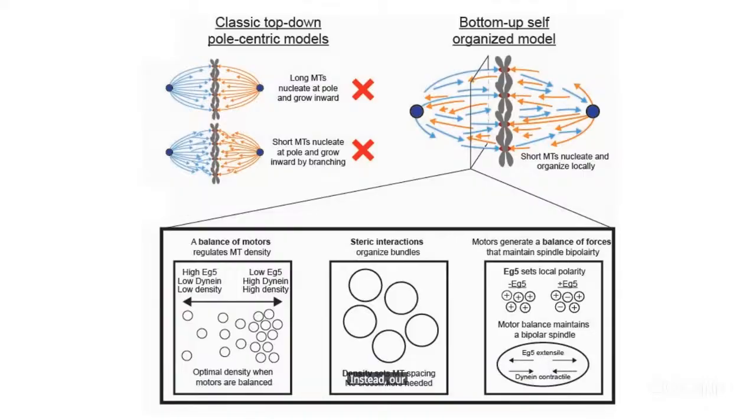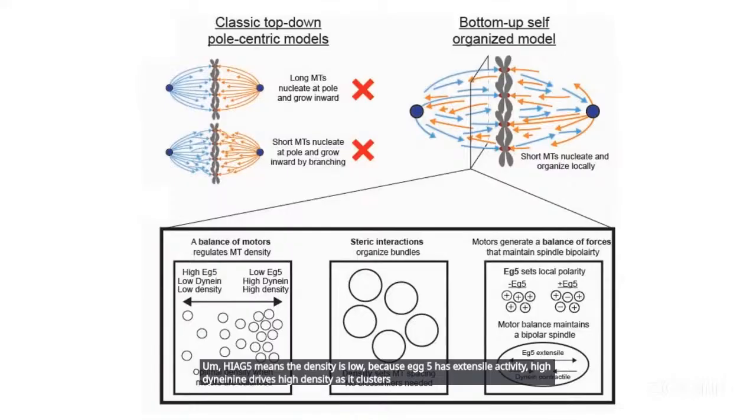Instead, our data support a bottom-up self-organized model, where microtubules are locally organizing due to steric interactions and interactions with molecular motors. In this view, a balance of the EG5 and dynein motors regulates microtubule density. High EG5 means the density is low because EG5 has extensile activity. High dynein drives high density as it clusters microtubule minus ends and brings things together.